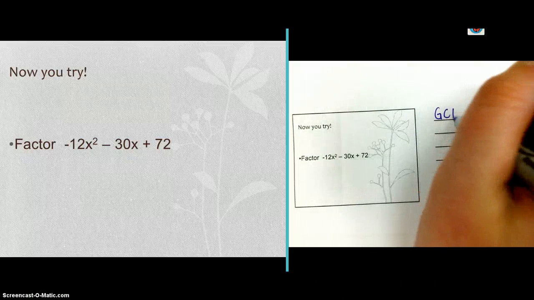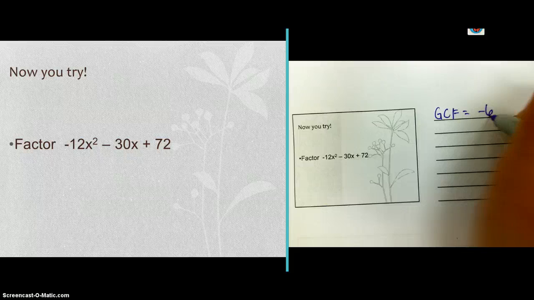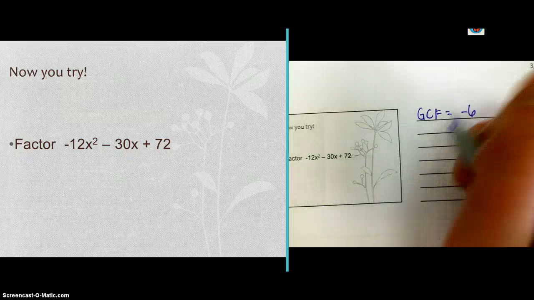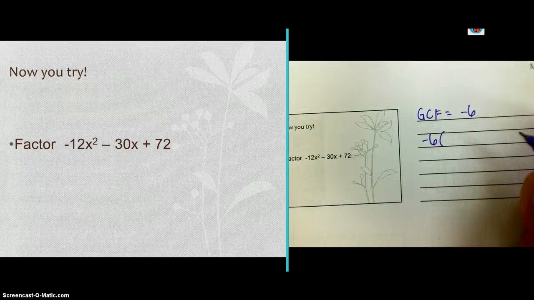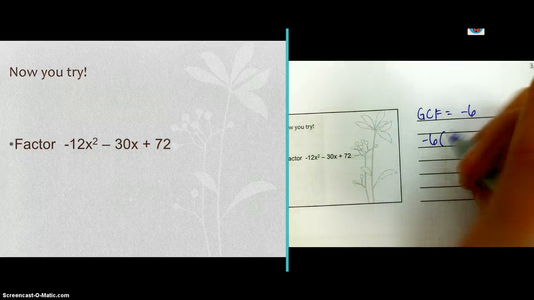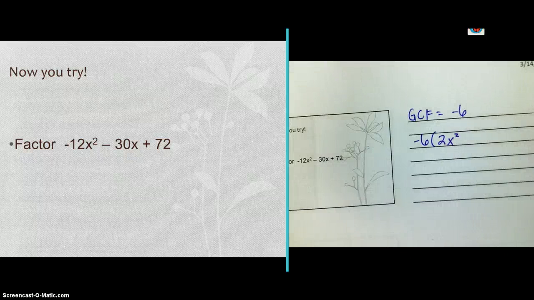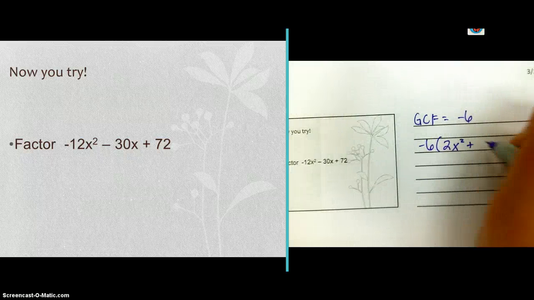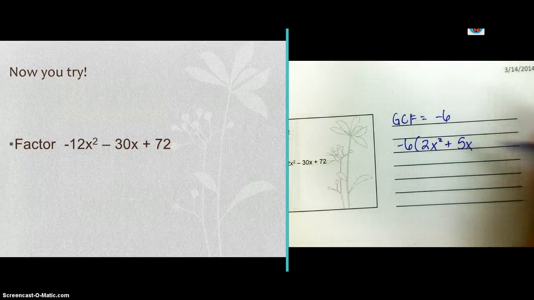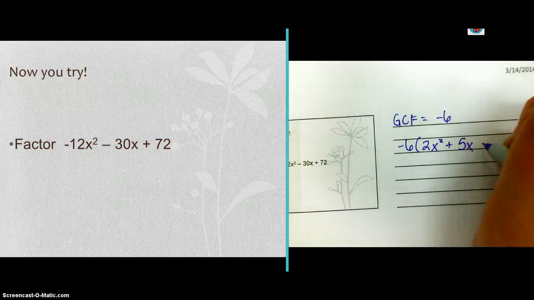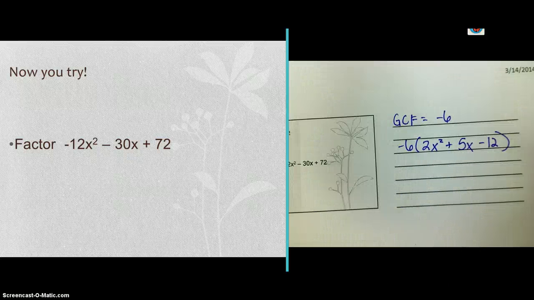So my GCF, I'm going to say is negative 6. When I pull a negative 6 out, negative 6 from 12x squared gives me a 2x squared. Negative 6 from negative 30x is positive 5x. And negative 6 from 72 is negative 12. So this is the expression I'll be working with.